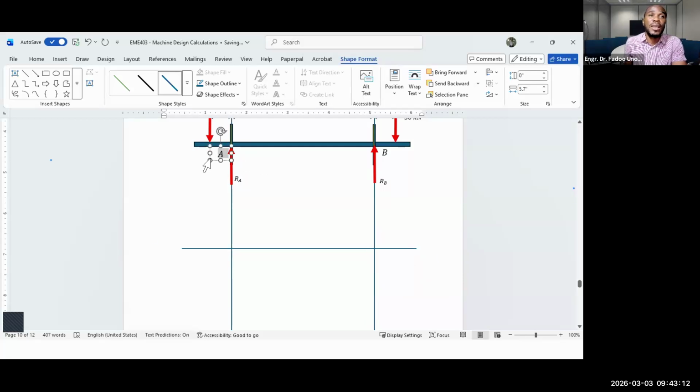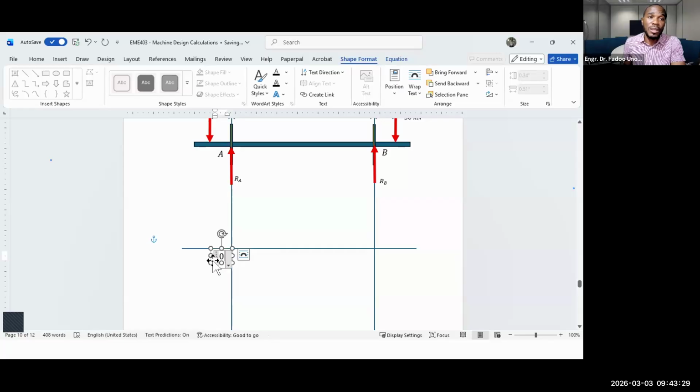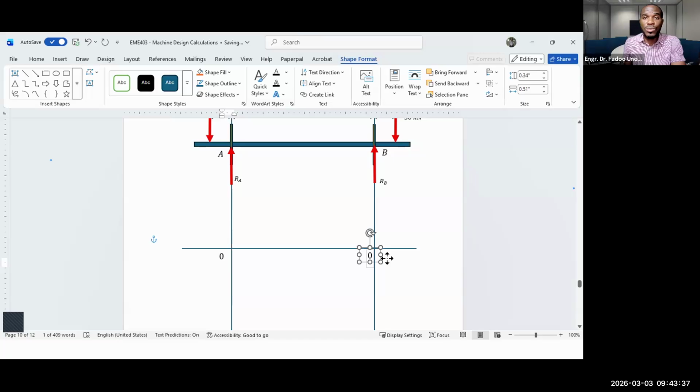And this line here will represent our bending moment axis. So the value of the bending moment at that point will be 0, right? And the same thing on this side, that the bending moment along this line is also 0.